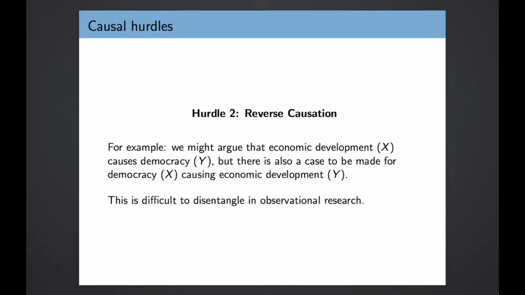Another option is to collect data on changes in the independent variable that precede changes in the dependent variable, to make the case that because of the timing of the way that these variables change, it makes more sense for x to be causing y than for y to be causing x. But in observational research, this is a harder hurdle to cross.